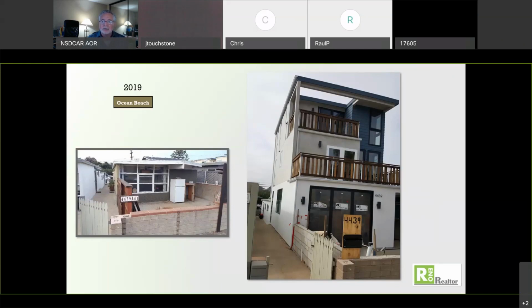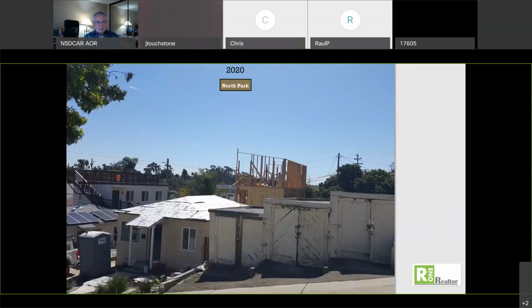Again, this is in Ocean Beach area. So hopefully you're getting the idea that we can really create some equity opportunities and some cash flow opportunities. So what he did is he moved into this side of it, and now he's renting the front unit. And I think that was a 3 bedroom, 1 bath layout design.